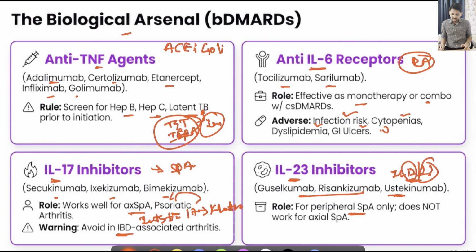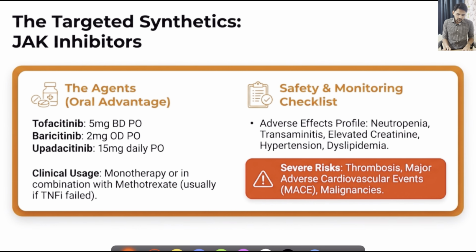Again, this is used only for peripheral spondyloarthritis and it will not work for axial spondyloarthritis. So in the spectrum of spondyloarthritis, though there are many overlaps, there are also dissimilarities. That's why few inflammatory cytokines are involved in one particular spectrum and few of the agents will not work for the other pattern of spondyloarthritis.